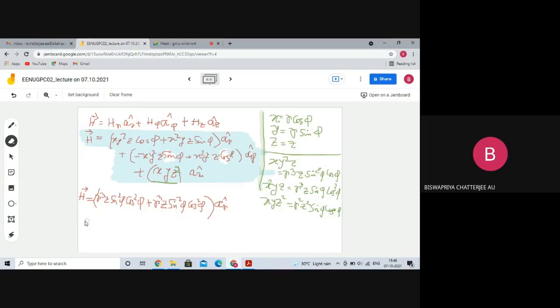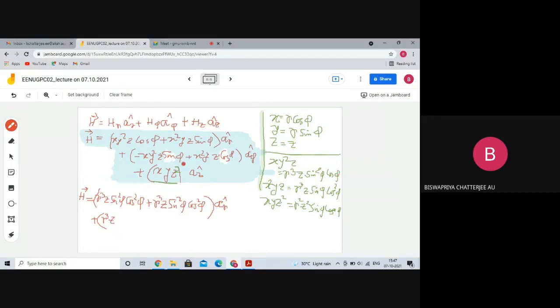Then what will be the A_phi component? Let's start with this x y square z. x y square z is r cube z, common r cube z. Let me write it at first.